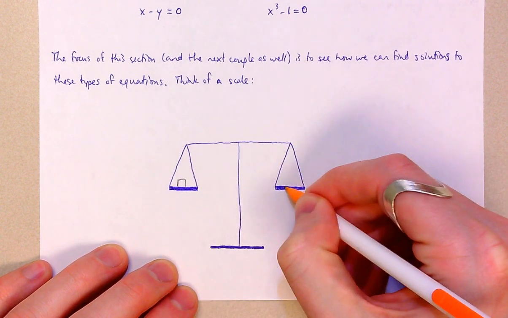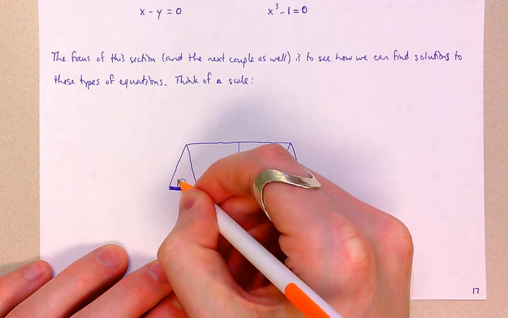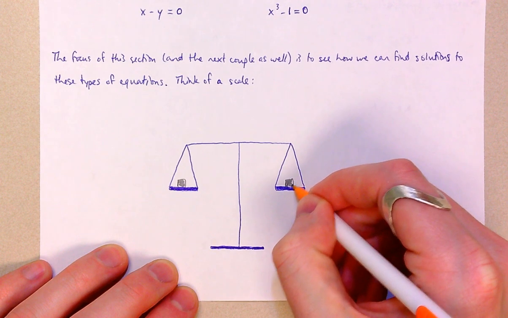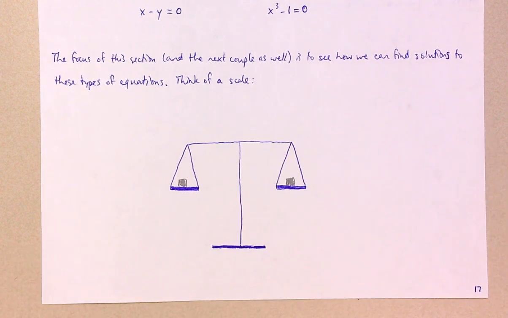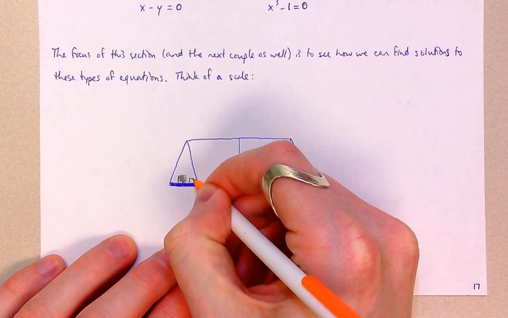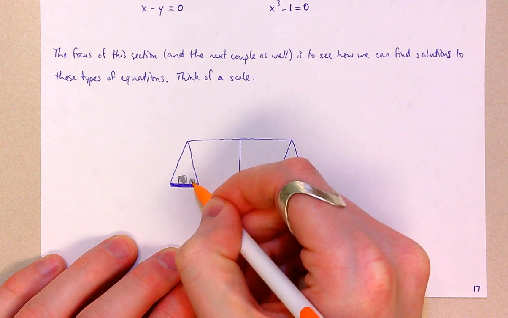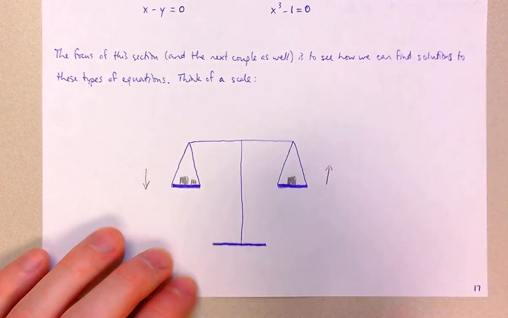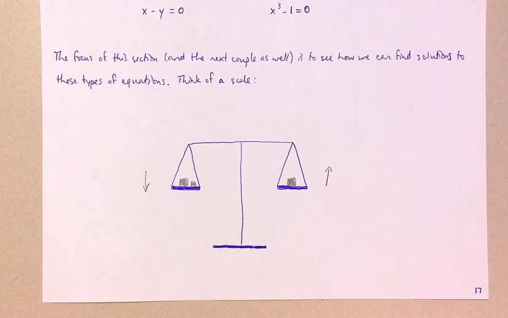I have weights on each end of my scale, and this scale is nice and balanced. And when we're solving these equations, we always want to keep things equal. We want to keep things the same. We want to keep things balanced. So if I were to add some weight onto this one side, then this side would be heavier, that side would go down, which means that side would go up. But the problem is I don't want one side to go down and one side to go up.